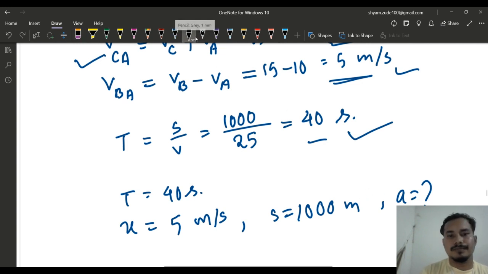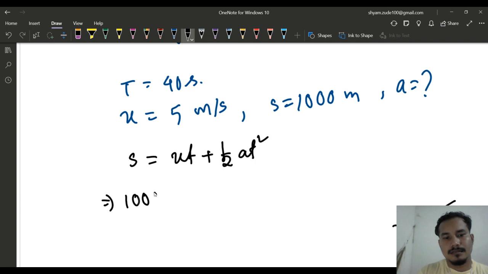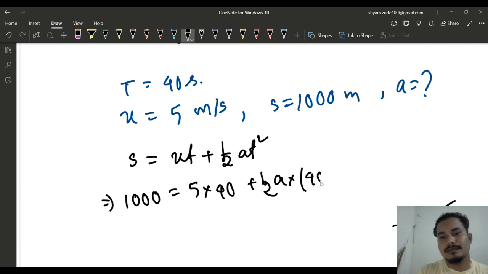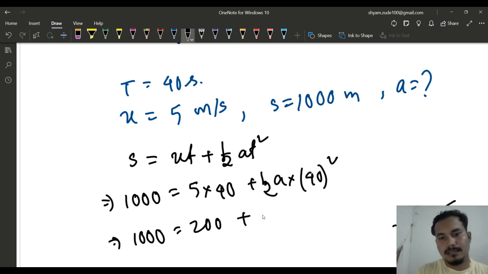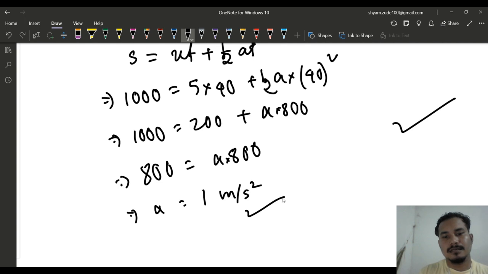We need to know the acceleration, using the formula s equal to ut plus half at square. 1000 is equal to u is 5, t is 40, plus half of a, which we do not know, into 40 square. Or 1000 is equal to 200 plus a into 800. So 800 is equal to a into 800, or a is equal to 1 meter per second square. So this is our required answer.